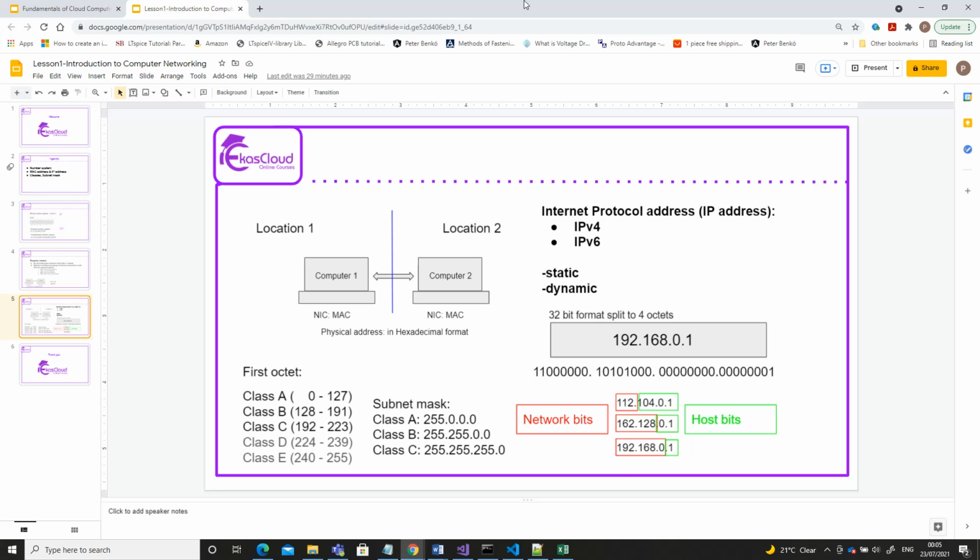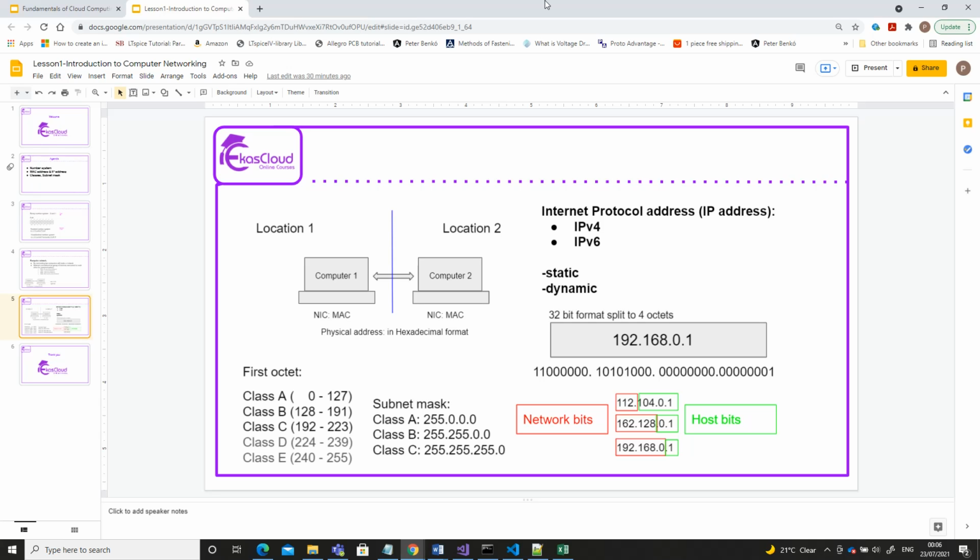And here you can see these 4 octets can be categorized into classes. For the class A, the first octet, 8 bits go to the network bits, and the rest goes to host bits.